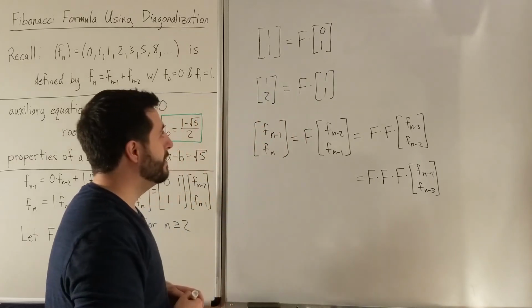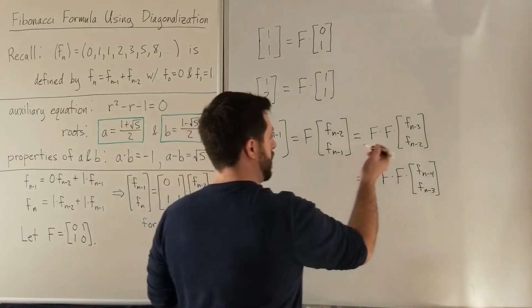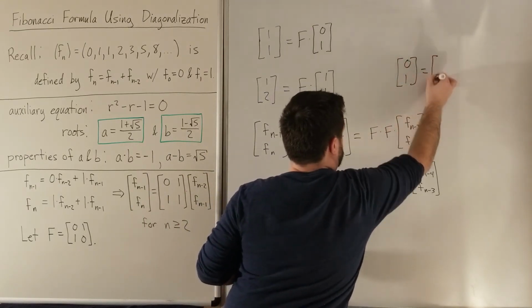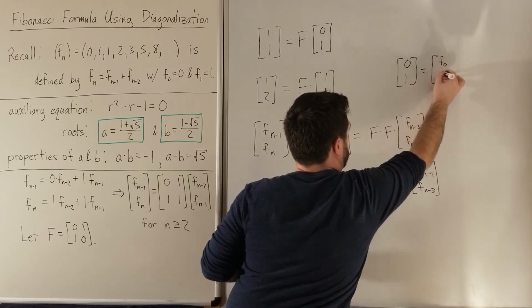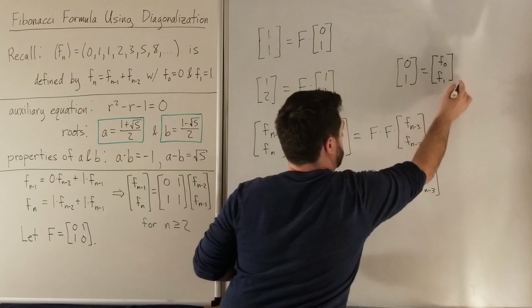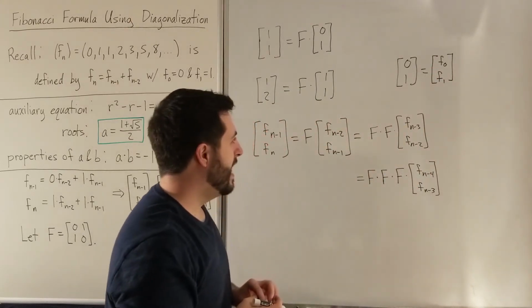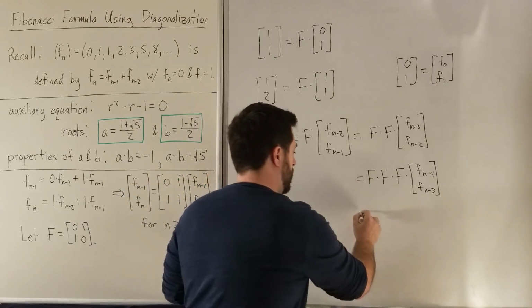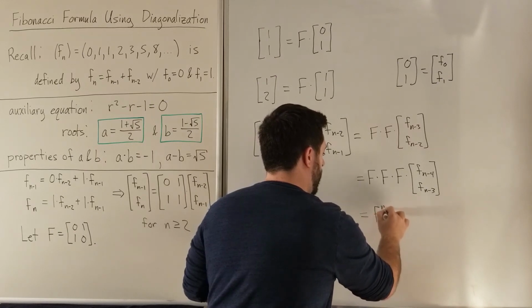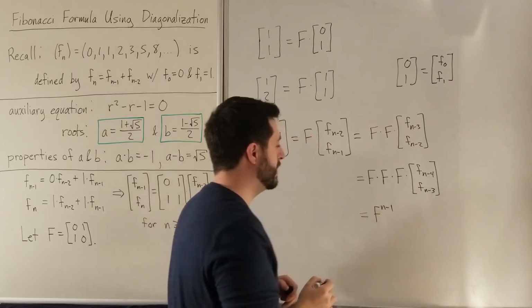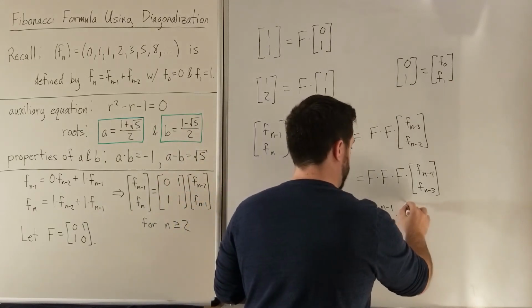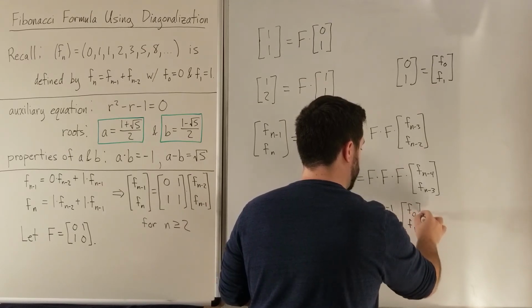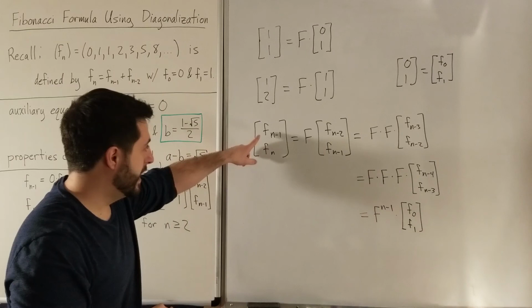I want that bottom index to match this one. I want this to be F0, F1. So I'm going to try to put this vector in there. And to do that, I have to subtract off n minus 1 from this. So if I have n minus 1 factors of this matrix F, and I apply it to this, F0, F1, then I get back to this column vector.